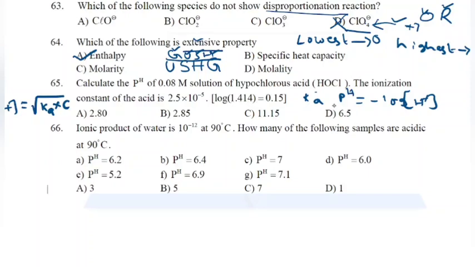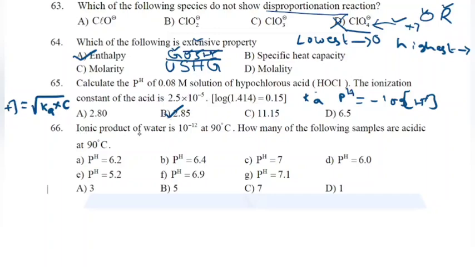And if we substitute in the pH, you will get the pH value. Here the pH value, I think it is around 2.80. Let me check once. Yes, it's above it. It's 2.85 we get here. So if you calculate, then definitely you will get the answer as 2.85.